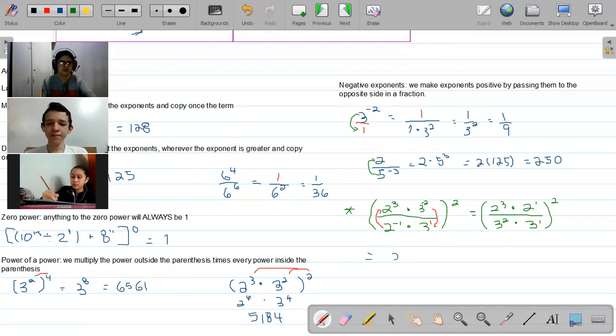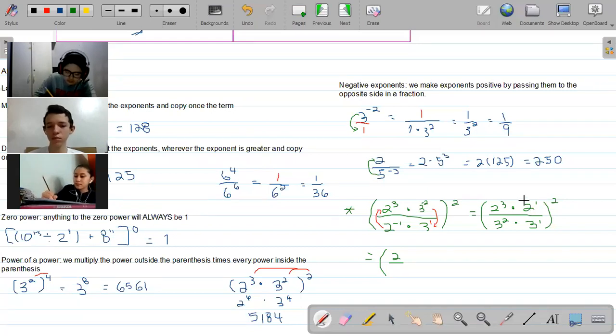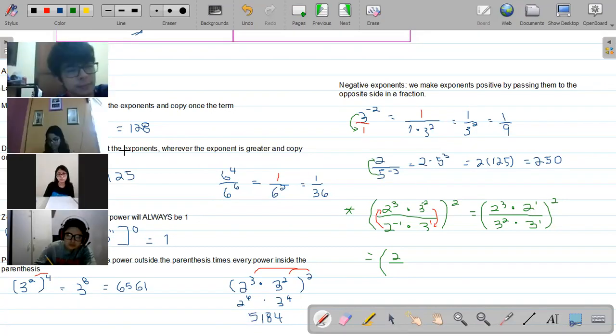That is how much? 2 to the cube times 2 to the 1 power. How much is that? To the 4th power, because I add them.